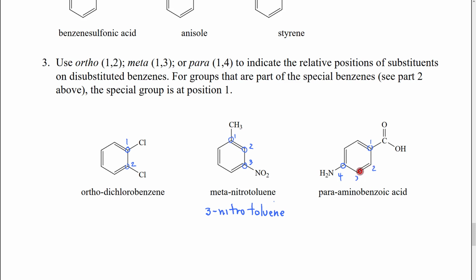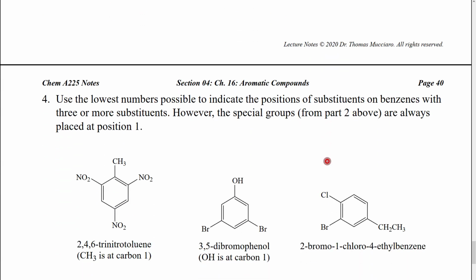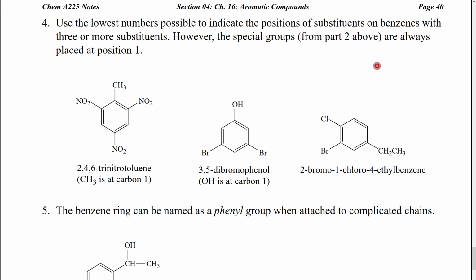So we are 1, 2, 3, 4 related from the benzoic acid carbon of the benzene over to the carbon that has the amino group attached. So this is para-aminobenzoic acid. Ortho, meta, and para are only used for benzenes that have exactly 2 substituents.